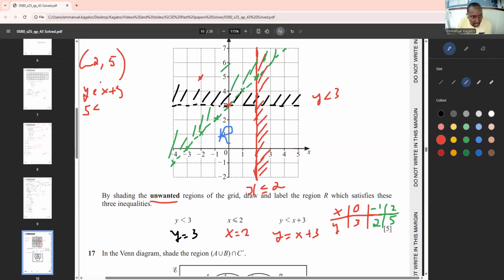Less than x, which is negative 2 plus 3, and then I'll get 5 less than 1. Is this true? That's false, right? 5 is greater than 1. So that is the unwanted part. If I choose any number here, it will be true. But because I don't have time, I won't do more than that, okay?